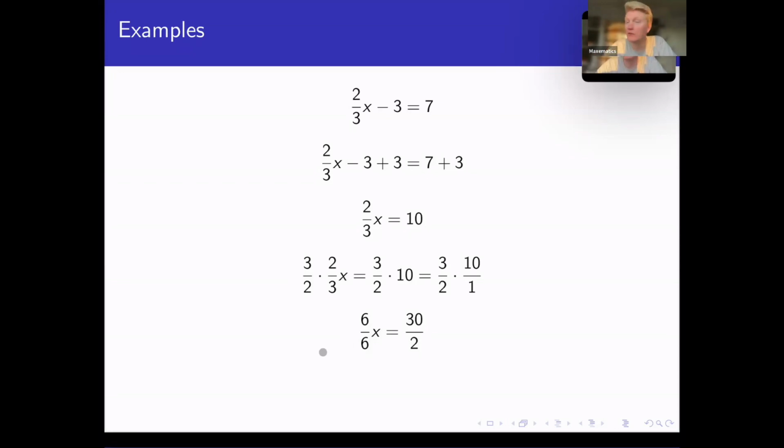You could still divide by 2/3, but don't forget that when you divide by 2/3, that's keep, change, flip. You just have to be a little bit more careful. So multiplying by the reciprocal is just as equally correct. If anything, it's more efficient. Well, 30/2 is 15. 6/6 is 1. So our final answer is 15.